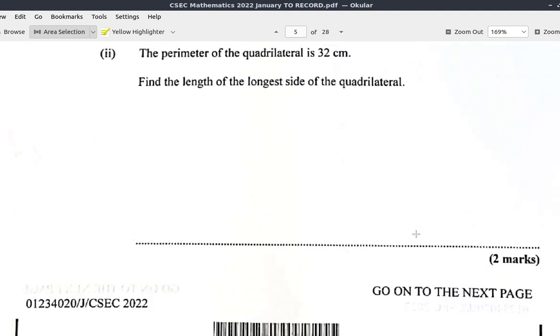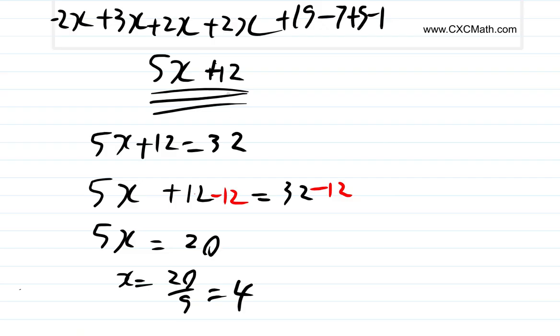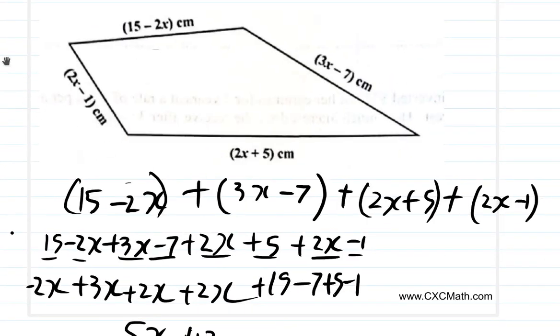They say find the length of the longest side. That's what they want. So we find that x is 4. Let me just note it up here that x is equal to 4.